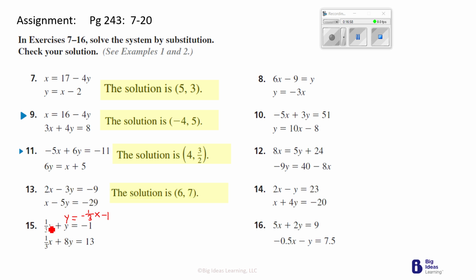Right, I had to take 1/3 x away from this side, so I had to take it from this side. But now I know what y is. So my new problem will be 1/3 x minus 8 times y, and y is negative 1/3 x minus 1.